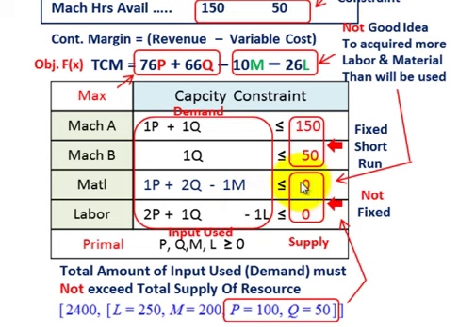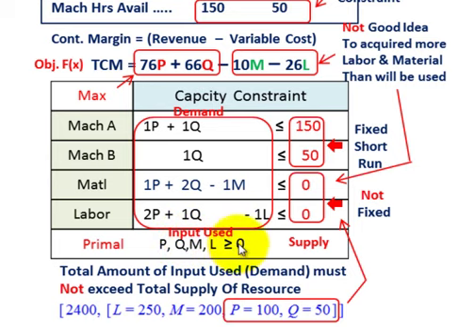So that's critical for our linear programming. And then, again, I've got it noted here as primal because we're going to be looking at primal and dual programs. But we also want to look at the price, our product quantities, plus our material and labor. We want them greater than or equal to 0. You don't want any negative amounts in this case, because you really can't have any negative amounts.